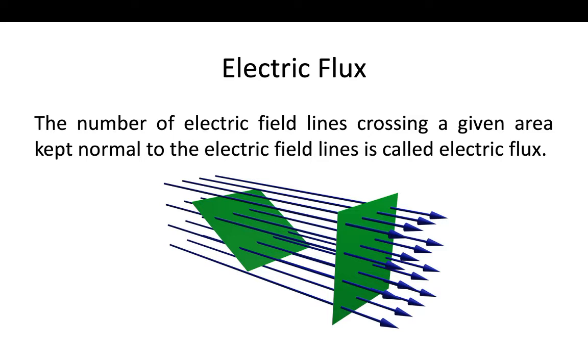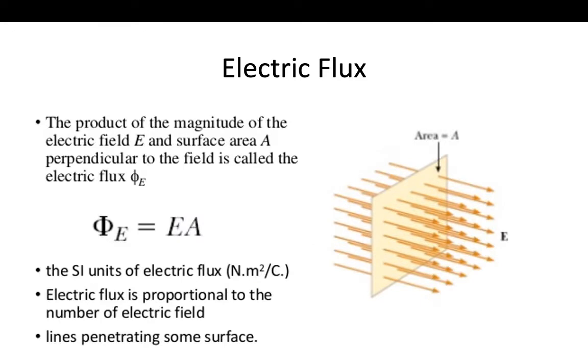What is electric flux? The number of field lines crossing a given area kept normal to the electric field lines is called electric flux. So in simple words, anything which is placed within the region or area of electric field lines, with the lines passing through it, is called electric flux.